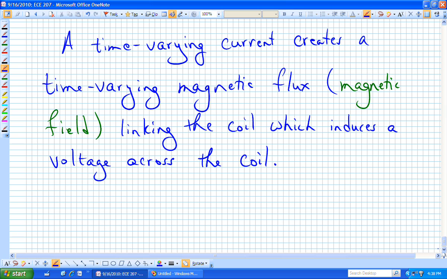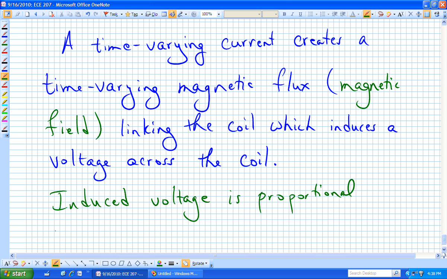So now I have this induced voltage that I'm calling V sub L of t, and that induced voltage is proportional to the changing current.